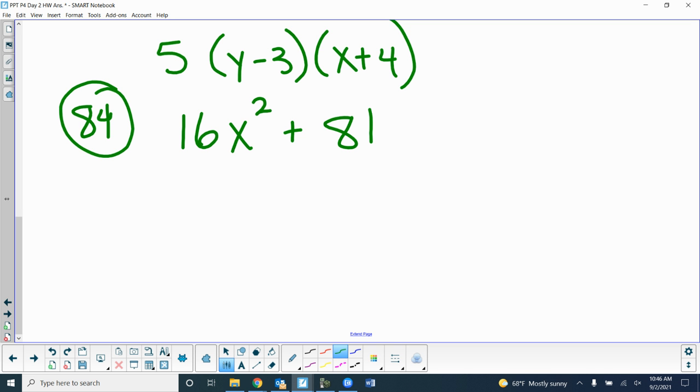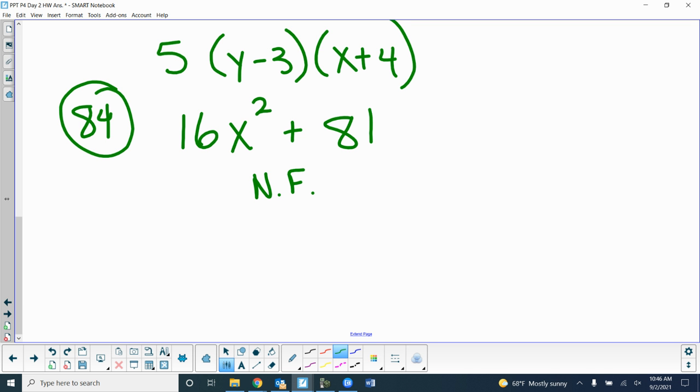No. Is it a difference of squares? No, it's a sum of squares, right? Are there cubes in there? No. So those are the only things we look for when it's got 2 terms, right? So can we factor it? No. So that one's not factorable.